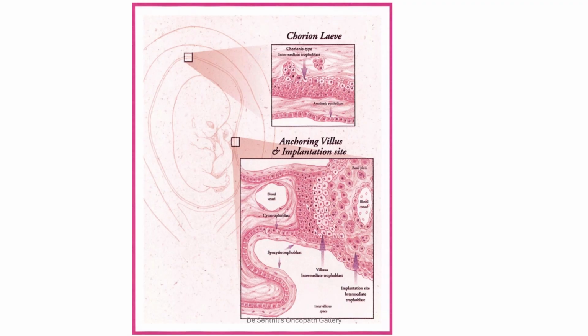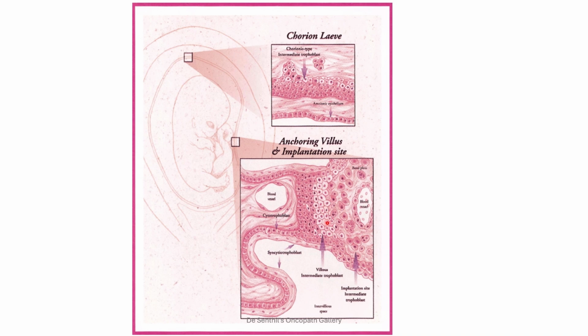This picture shows various types of trophoblast. This layer is called cytotrophoblast. They are uniform cells. They have prominent cell borders and round uniform nuclei. It will give rise to syncytiotrophoblast. In syncytiotrophoblast, the cells don't have any cell borders.